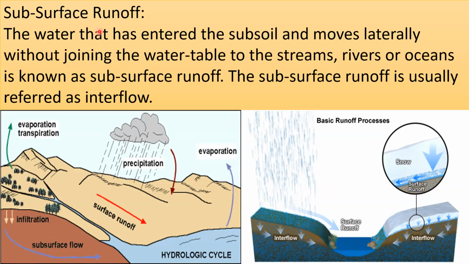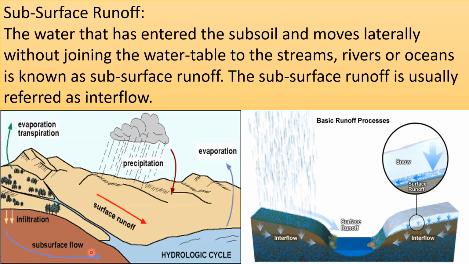Subsurface runoff. The water that has entered the subsoil and moves laterally without joining the water table to the streams, rivers, or oceans is known as subsurface runoff. The subsurface runoff is usually referred to as interflow. See this picture, this is subsurface runoff. It moves laterally.